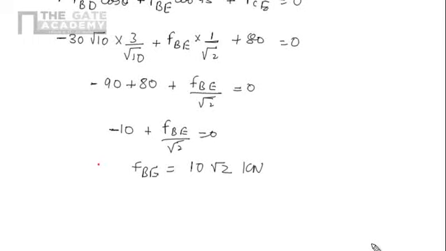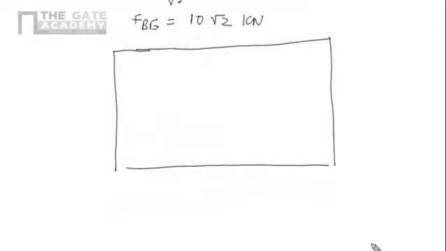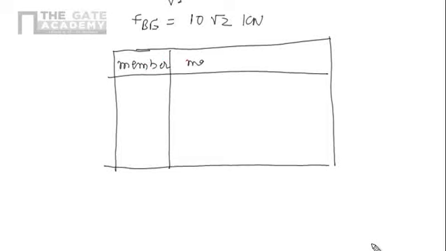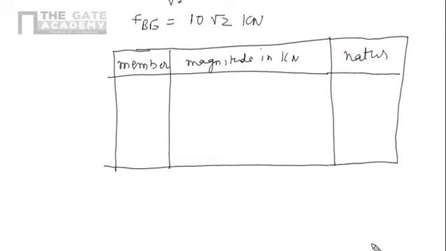So in this way we got the values of all unknowns, like forces in members BD, BE and CE. As per our assumption, we assumed all the forces in the members of the truss are tensile. So now we will see the sign, and according to that we will decide. Just to make a table for better understanding, I am making a table here. This table will show the member, the magnitude in kilonewton, and one more column we will add to show the nature.